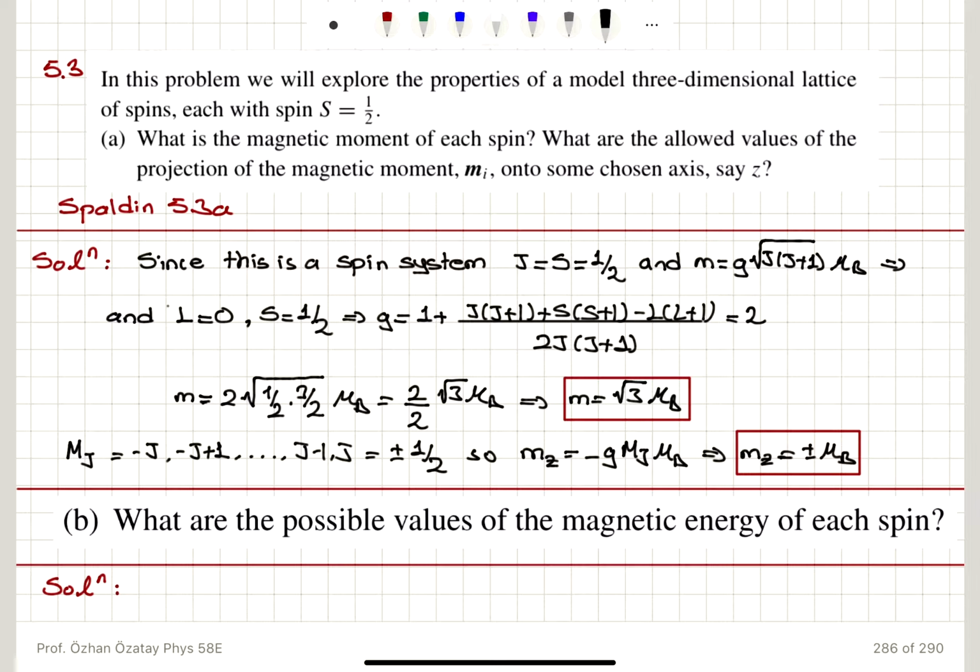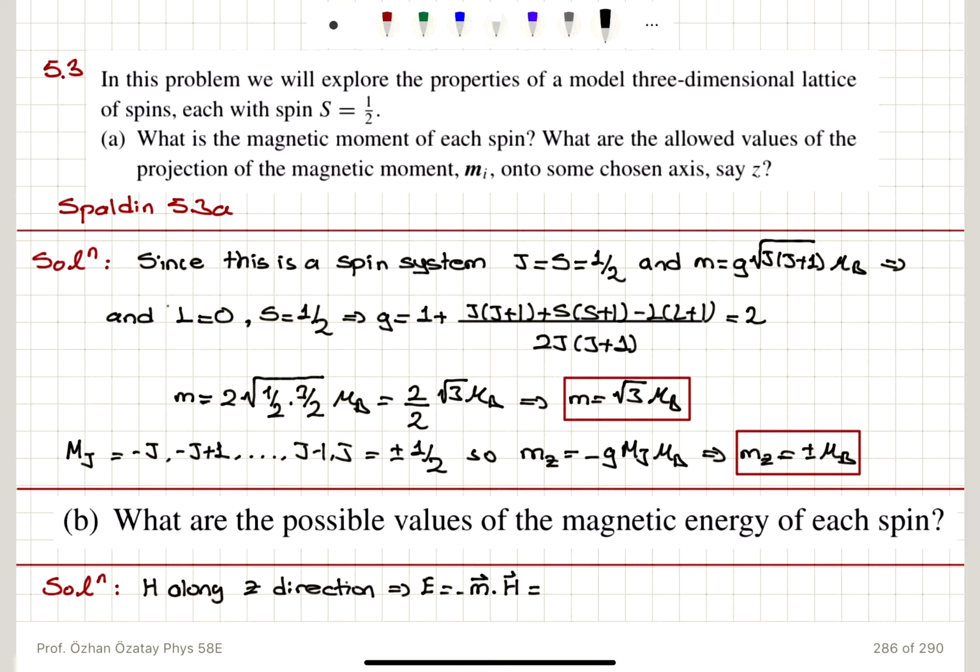So let's say that we have a magnetic field H that is applied along z direction. In that case, we have a magnetic moment inside the magnetic field. The energy of the magnetic moment in the magnetic field H is given by minus m dot H using SI units.